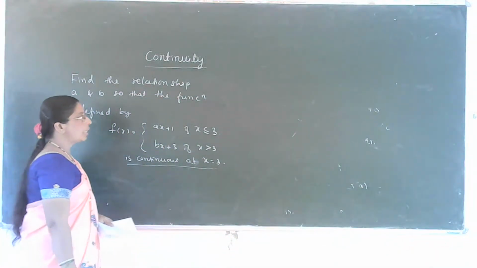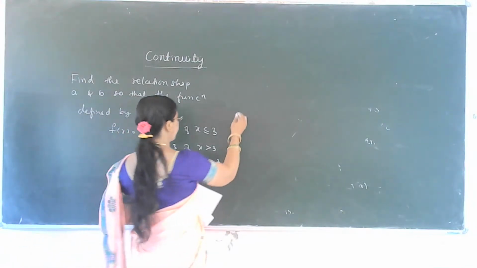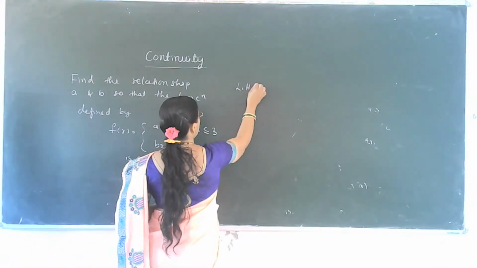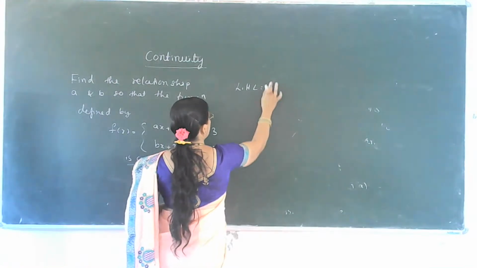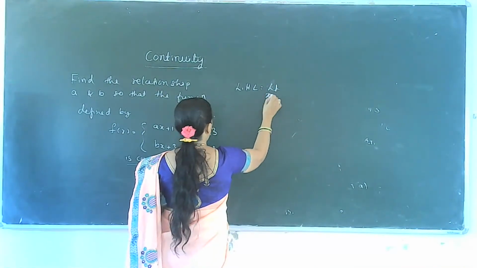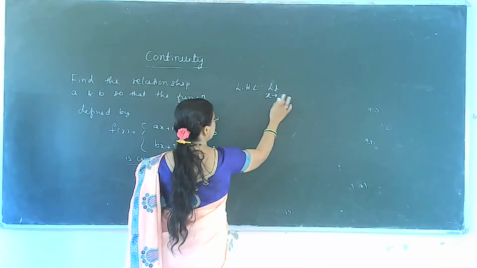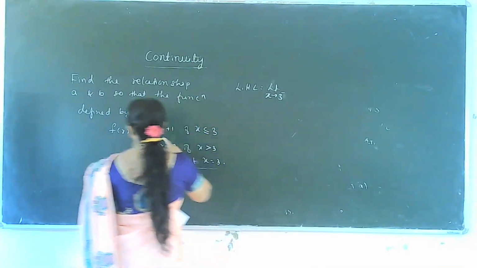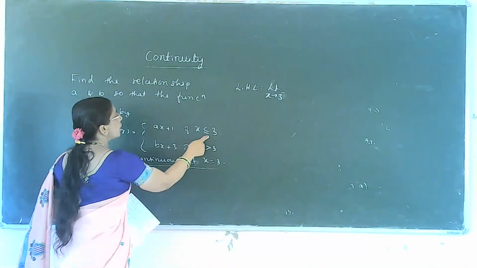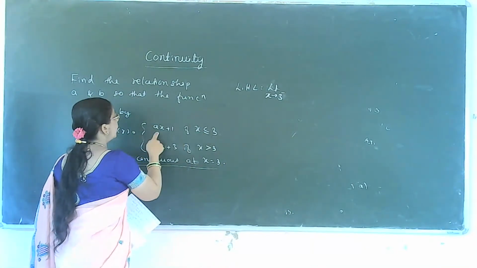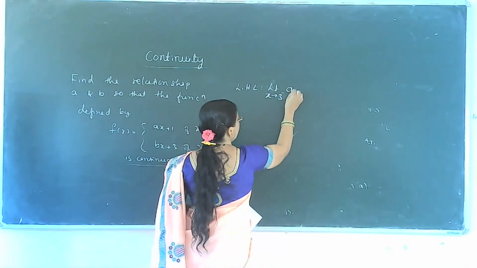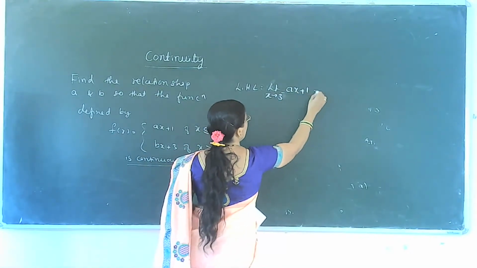First we find the LHL and RHL. LHL is equal to the limit at x equal to 3, that is, x tends to 3 minus, where x is less than 3, of ax plus 1.